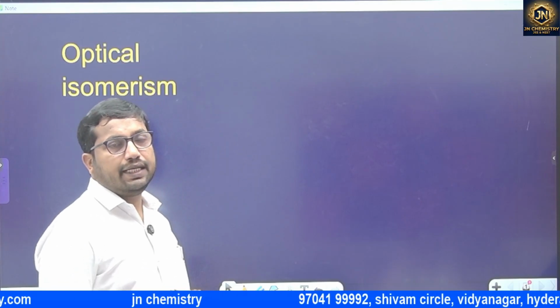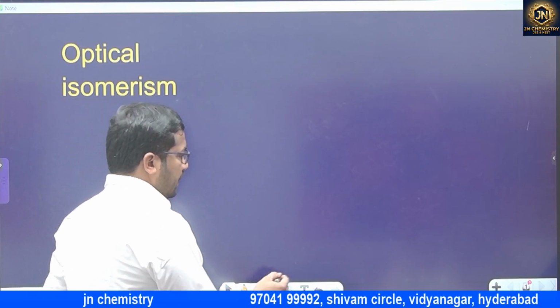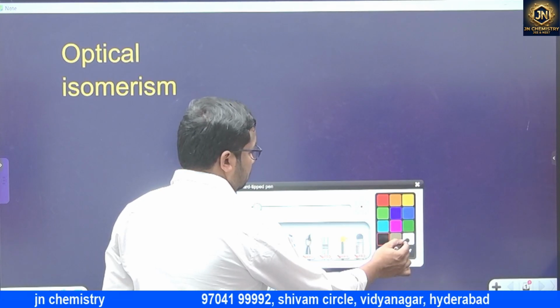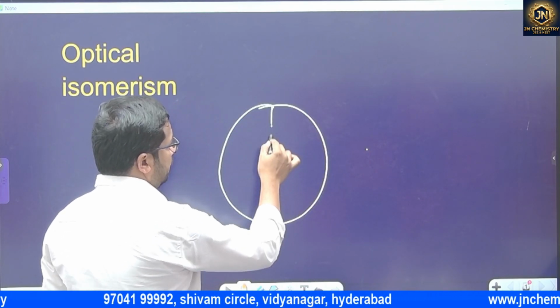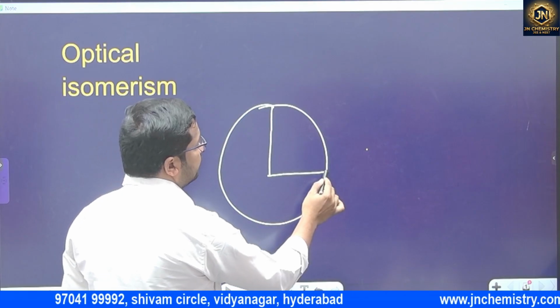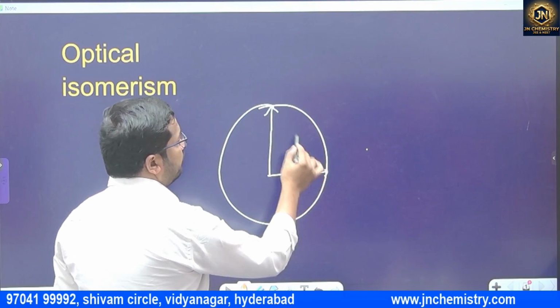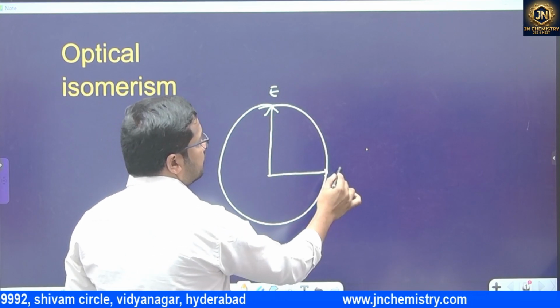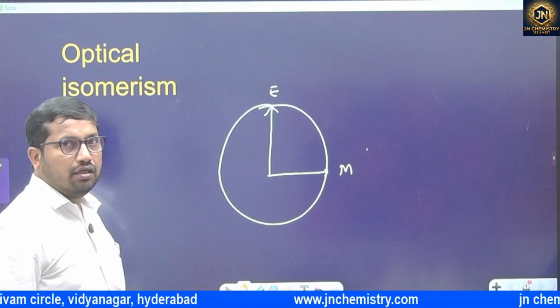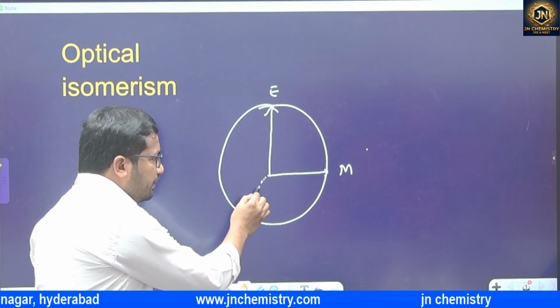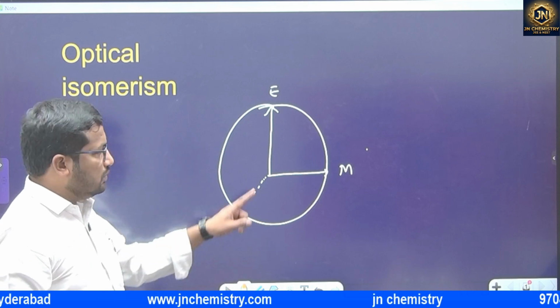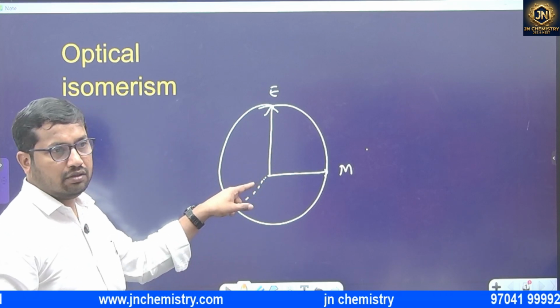Okay, normally in optical light, normal light, for example, electric field and magnetic field is there, right? Electric field, one is magnetic field. So both are perpendicular, right? In this perpendicular, propagation of light perpendicular to these two. The propagation of light, right?